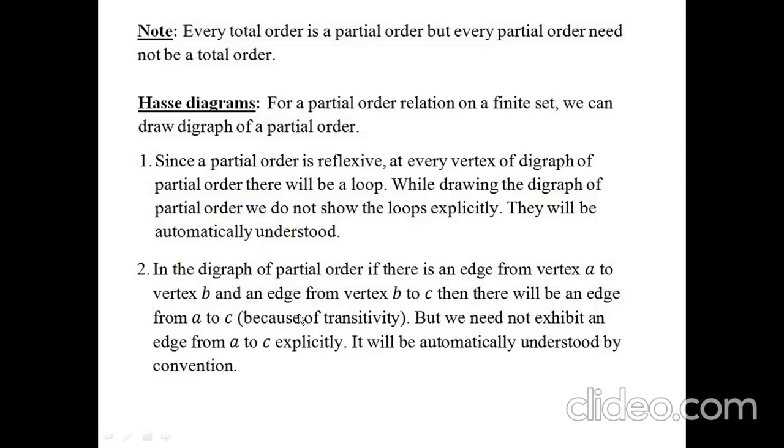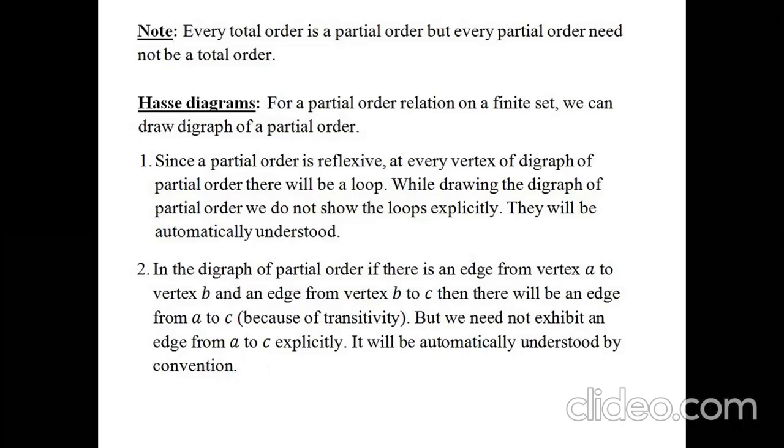Any partial order already satisfies transitivity, that is, A is related to B and B is related to C means A is related to C. So we are not going to separately draw an edge from A to C. It will be automatically understood by convention while drawing the Hasse diagram.